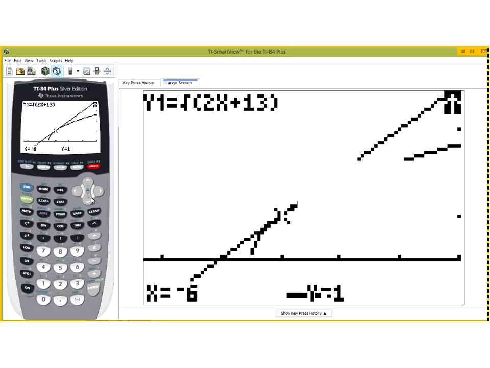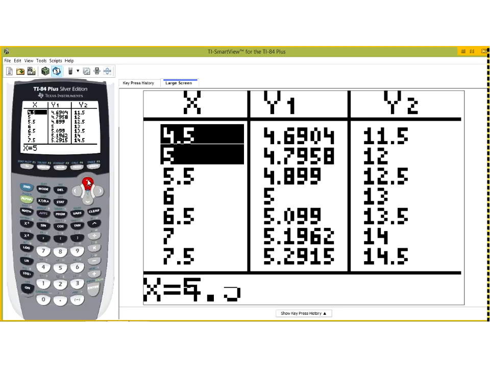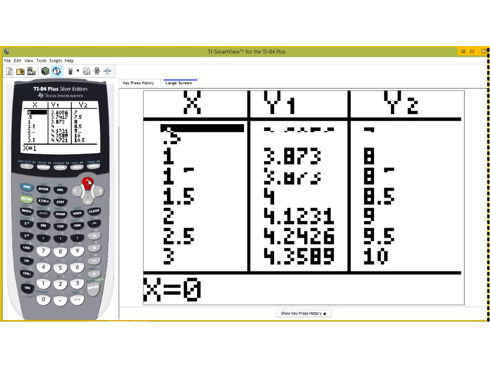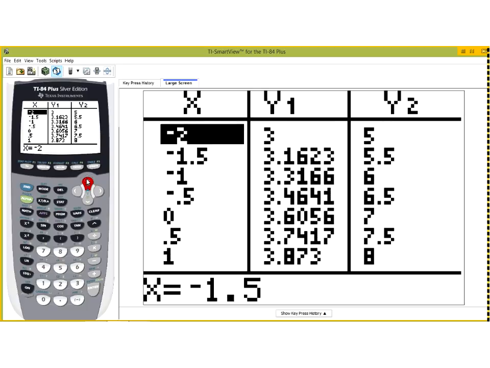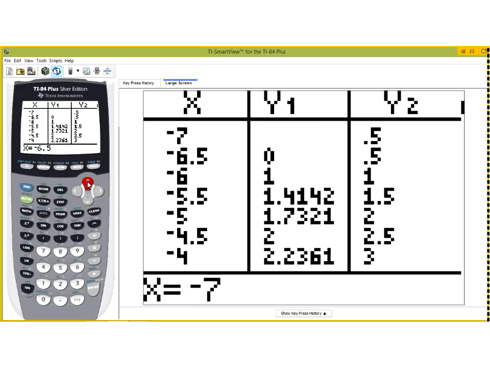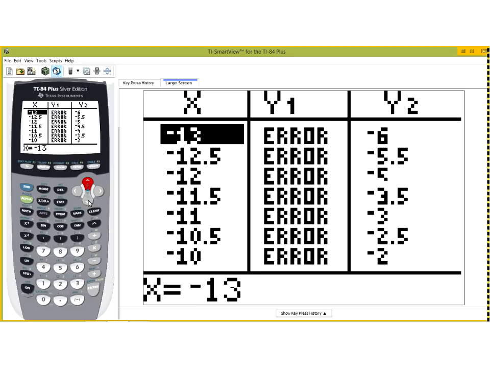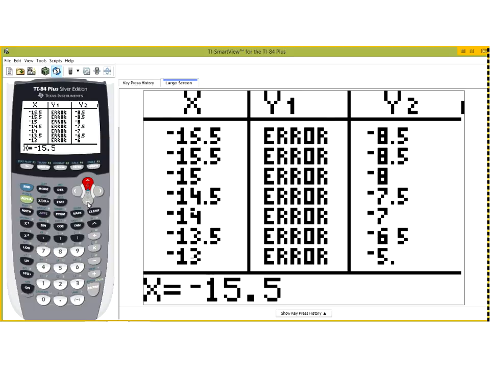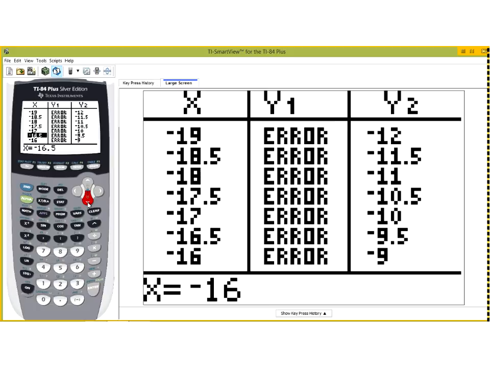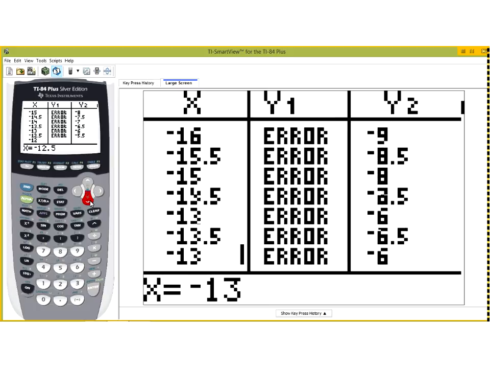I can also go into table and see, so I'm at the positive side right now. So if I go towards the negatives, I have to do a little bit of analysis sometimes to find where to look. And my square root, whoops, too far, go back. There we go, okay.